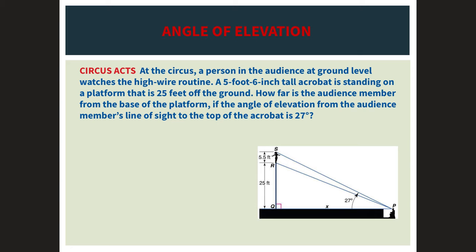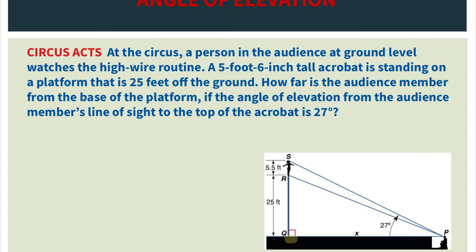Looking at this particular picture, I essentially need to find this distance here, which is already labeled on our picture as X. It's also important to know that we are looking at a 5'6" tall acrobat.